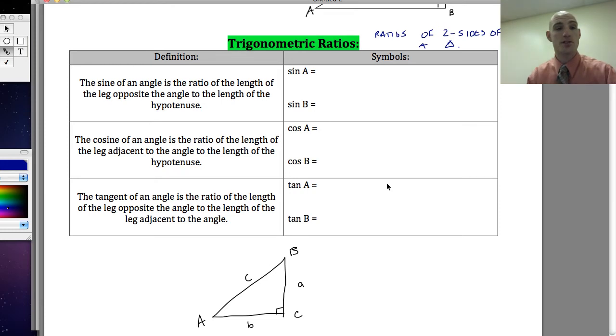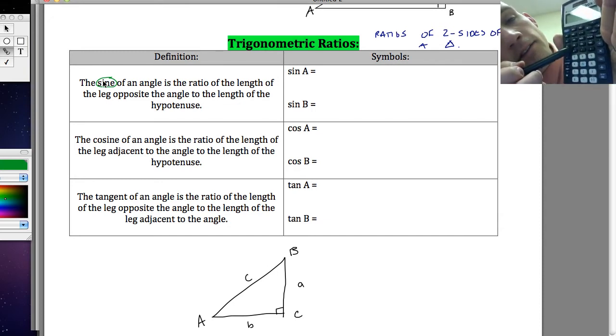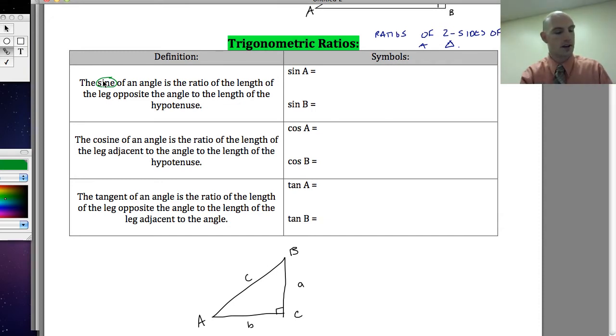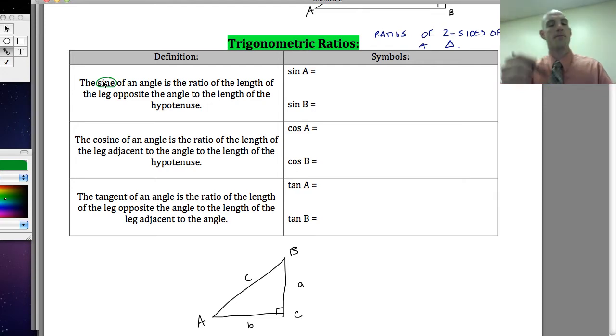So that's what trig ratios are. If we talk about the sine of an angle, on your calculator it looks like this, the little SIN. We'll talk about this a little bit later. And on a calculator like this, it's the SIN. But it's spelled SINE, we just abbreviated SIN.